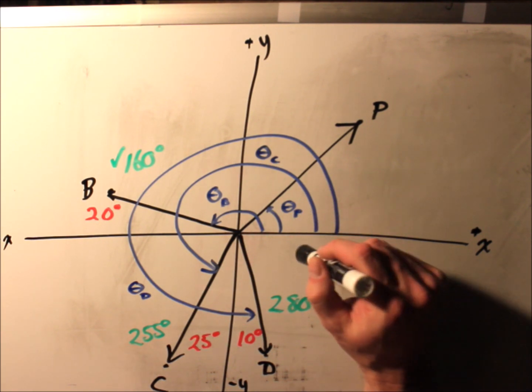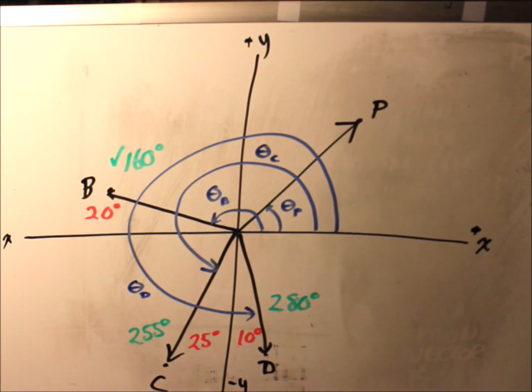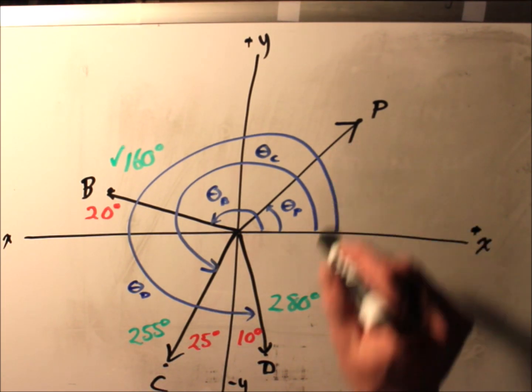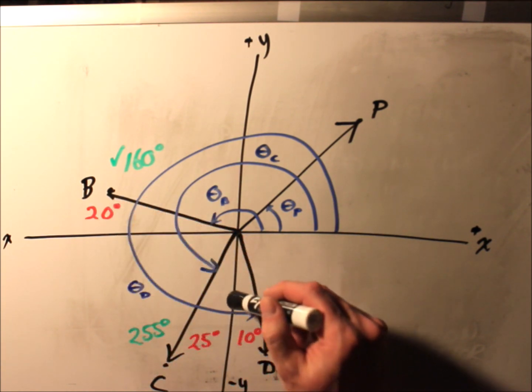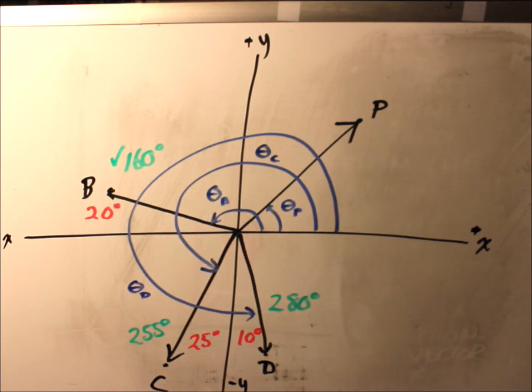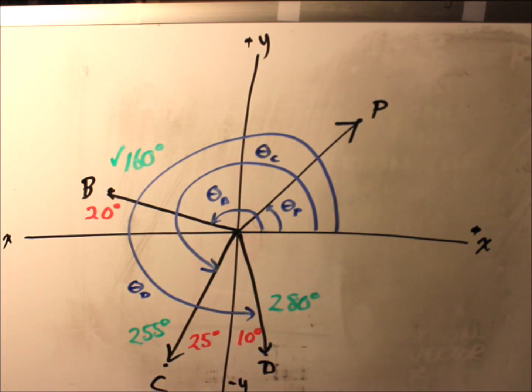If we measure this vector using this theta p here, and it's say 50 degrees or something like that from this angle to here, and then you measure this one relative to this one, and this one relative to that one, and that one relative to this one, those angles are not measured from the same reference. And so when you try to compare these vectors, you get garbage. We must measure them from the same agreed location every time.